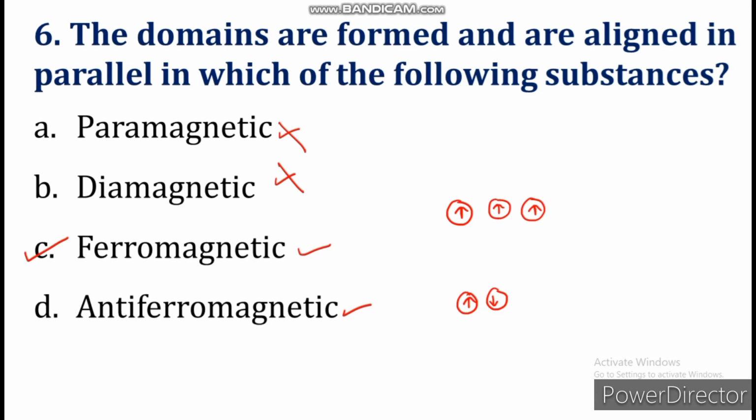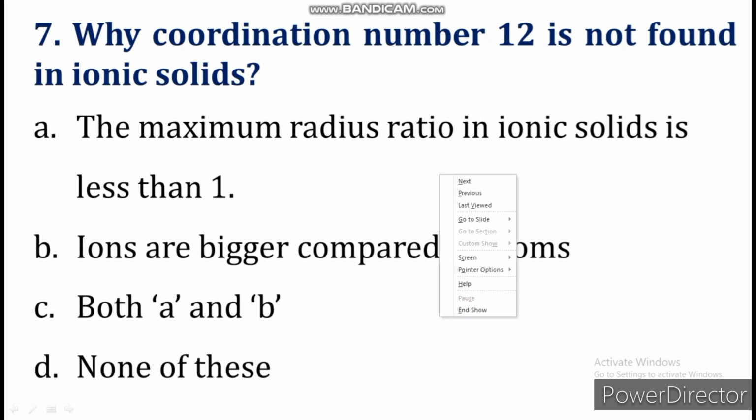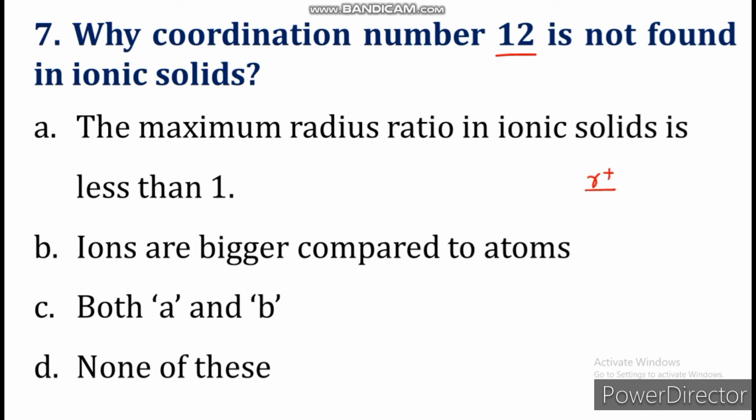Right. Now let's see the seventh question. Why is coordination number 12 not found in ionic solids? The main reason is that to have coordination number 12, the radius ratio, meaning the cation to anion ratio, has to be 1. It means if both the cation and anion are equal in size, then coordination number 12 will happen.